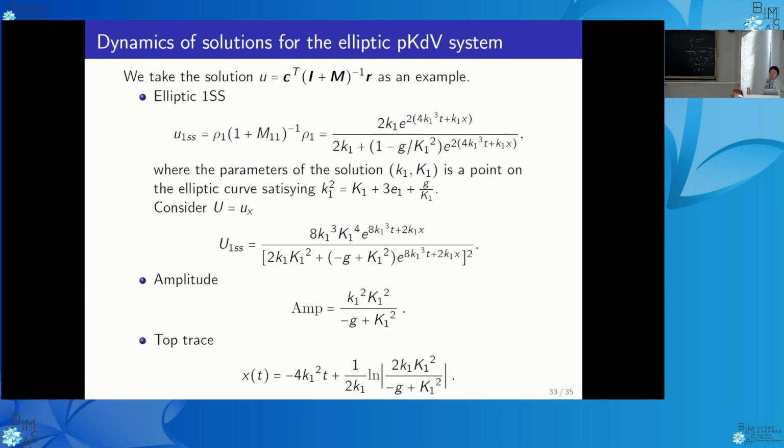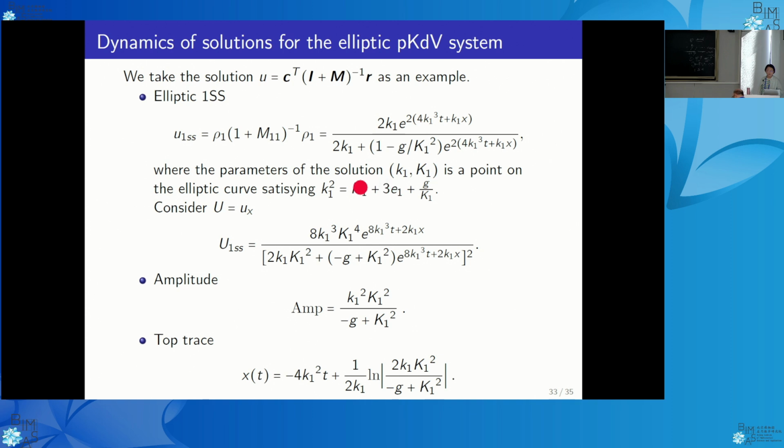Here is an example for working on the dynamics of solutions for this system. We take the solution U as an example. As we mentioned, the U is S00, and can be expressed by this form. And it can be written out in this form.